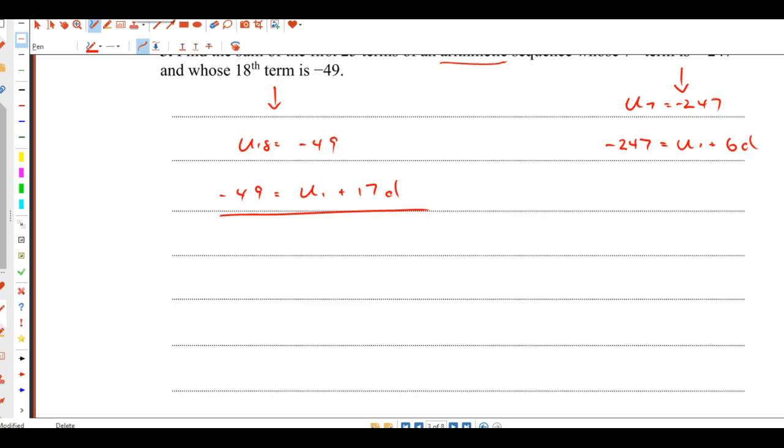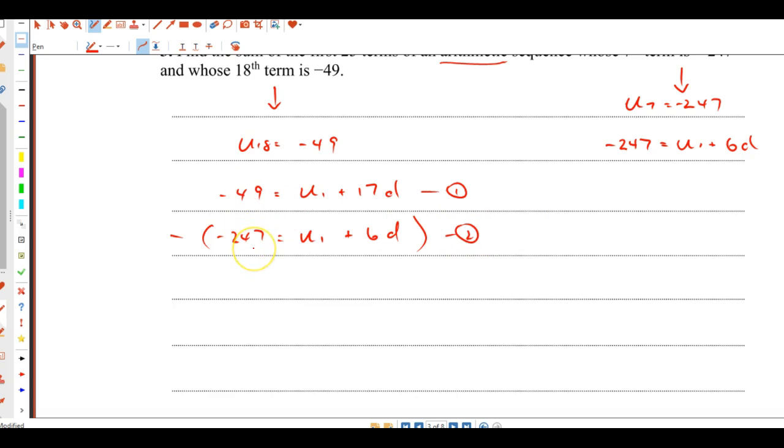So I'll write minus 247 equals U1 plus 6d, and I'll do a subtraction here. I'm solving simultaneously: this is equation 1, this is equation 2, 1 minus 2.